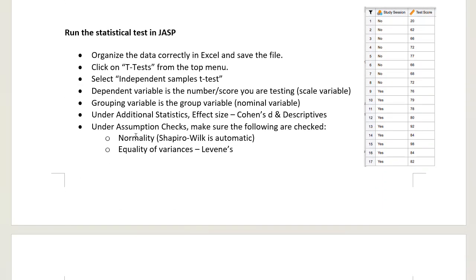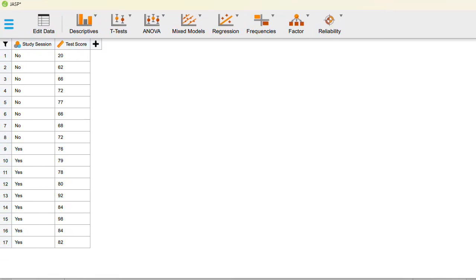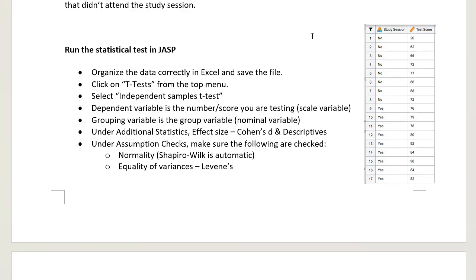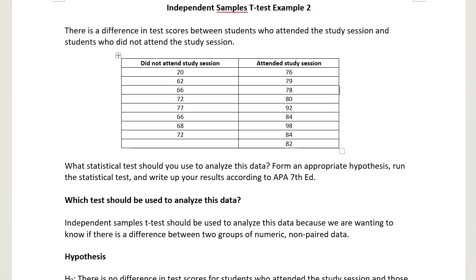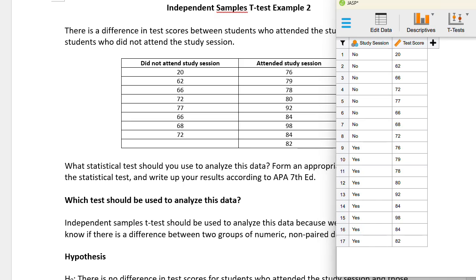Now, because we just ran very similar data, and it does take a little bit of time to set up, I just went ahead and put it in JASP right here for us. So you can see this is how you would set it up, what that looks like. So there's the data, and here is what that looks like in JASP.